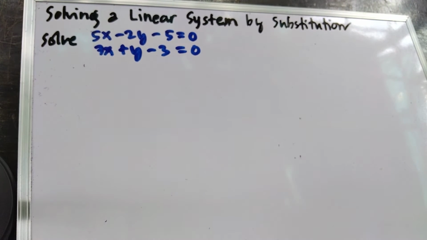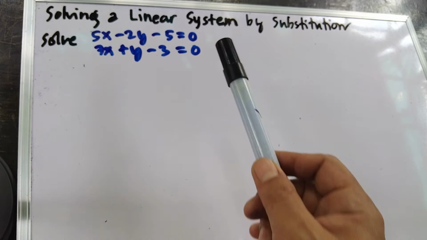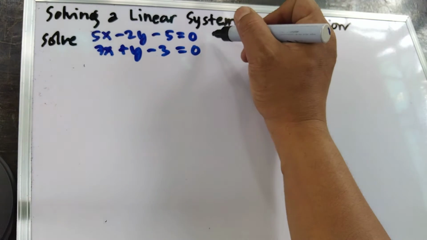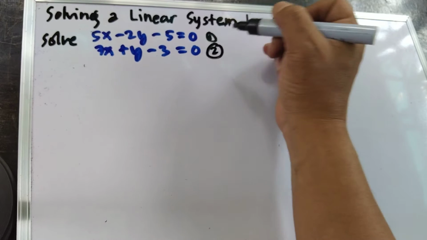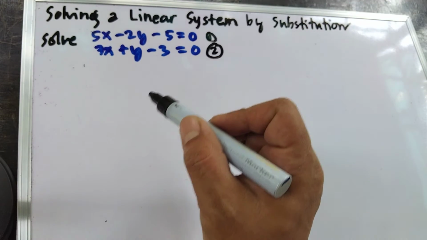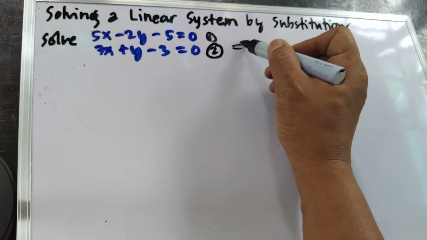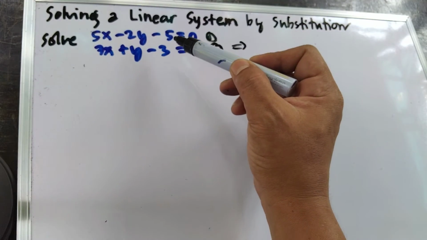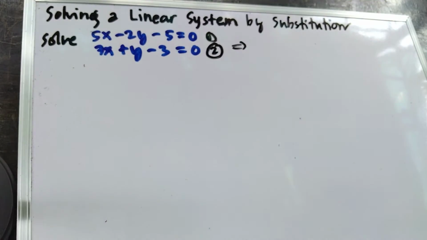My question now is, are the two equations already written in standard form? Of course, no. So we will write these first in standard form. The constant should be placed on the right side of the equation.